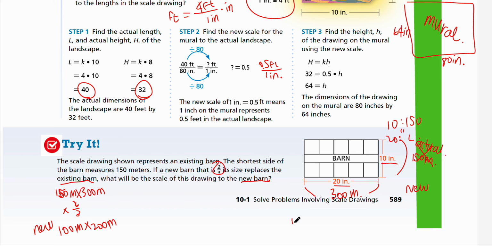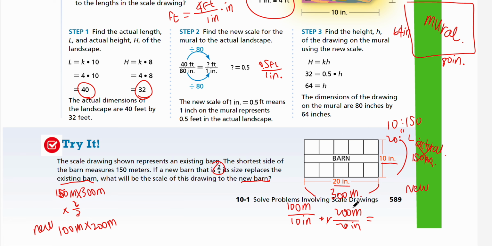So 100 meters per 10 inches, or you can use this one, 200 meters per 20 inches, right? They should all be the same proportions.